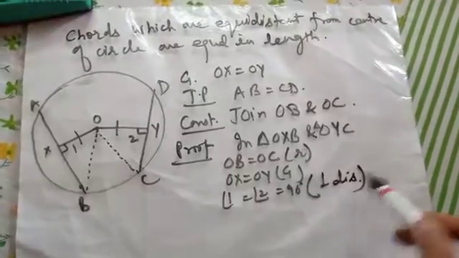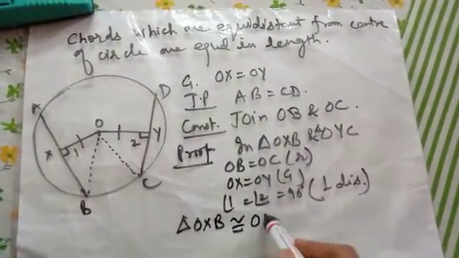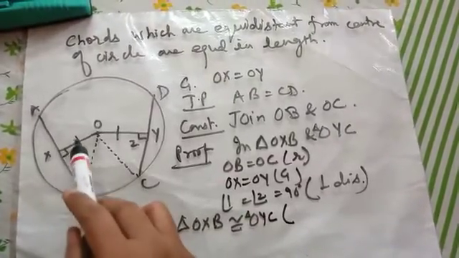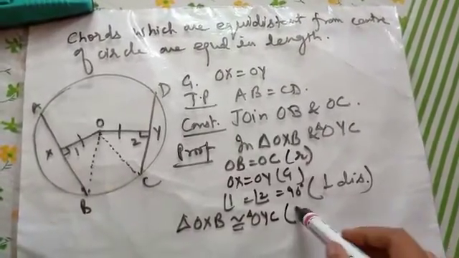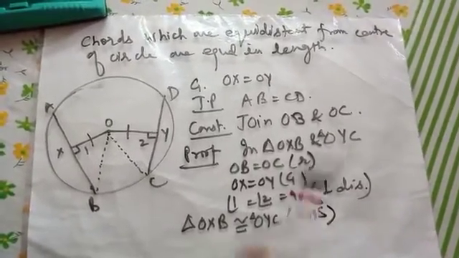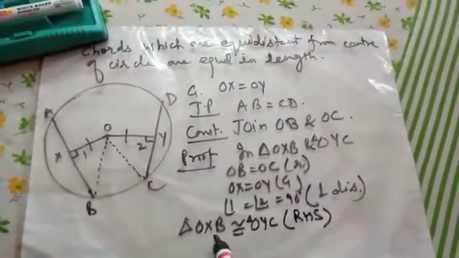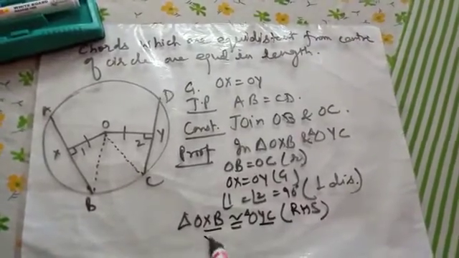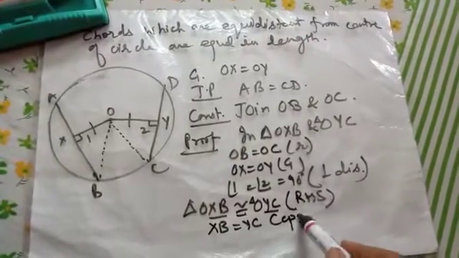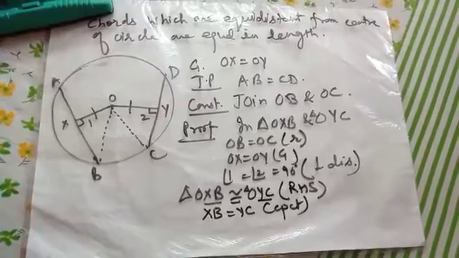ठीक है. Now that means triangle OXB is congruent to triangle OYC by which criteria? Right angle, hypotenuse and side. So RHS criteria, these two triangles are congruent. Now if these two triangles are congruent, तो हम क्या कह सकते हैं? I can say that corresponding parts are equal, so XB is equal to YC, CPCT. Now can you tell me what next? Again use the same theorem. कौन सी theorem use करनी है?